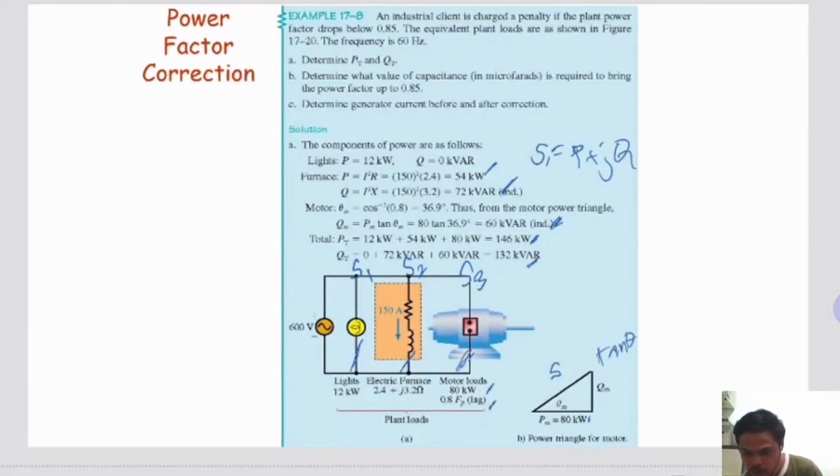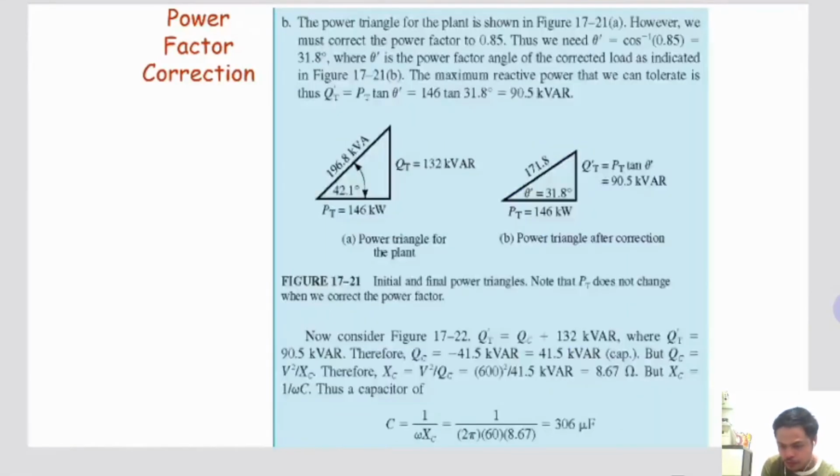So next, what value of capacitance is required to bring the power factor up to 0.85? So from here, you have to determine the power factor. And from that, you have to determine the difference of power factor.